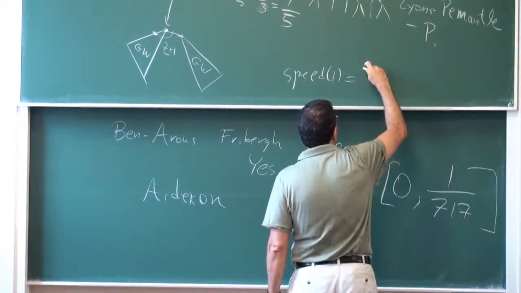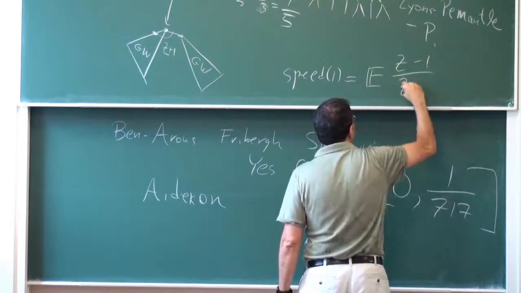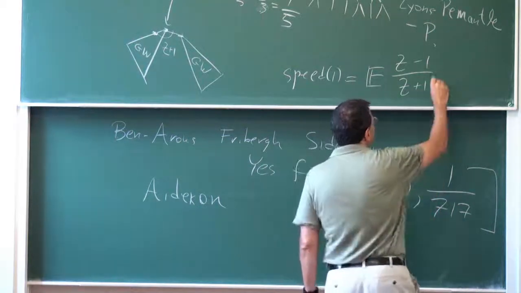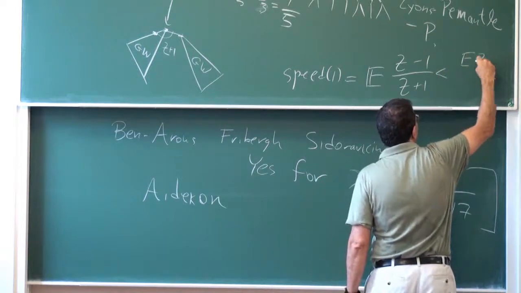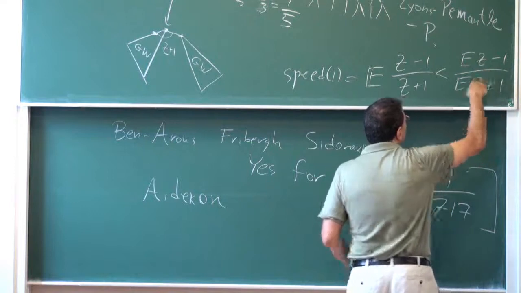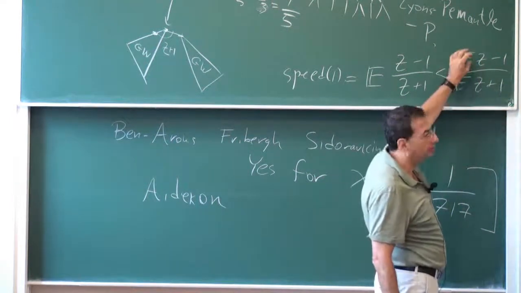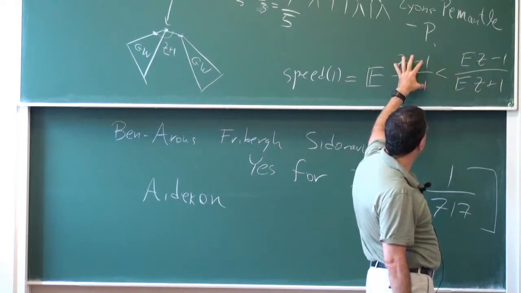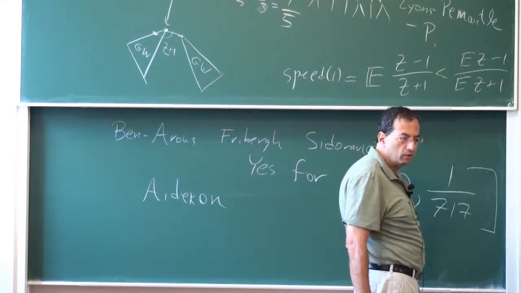It's just the expectation of (Z minus 1) over (Z plus 1), which, note, by Jensen's inequality, is strictly less than (expectation of Z minus 1) over (expectation of Z plus 1). So this would be the speed on a kind of regular tree with the same mean as our Galton-Watson tree, and this is the actual speed on the Galton-Watson tree. So there is a slowdown due to the randomness.